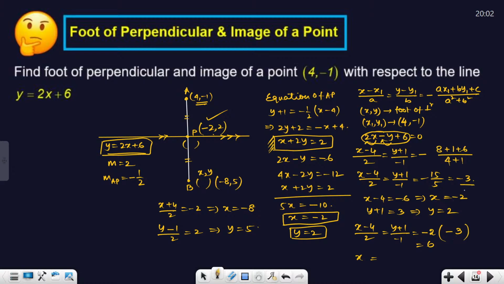Because minus 3 we are actually getting. So after getting minus 6, oh, it is plus 6. So x is coming to 12 plus 4. We are getting 16. But here we got minus 8. How is it so? Have we done something wrong here? Please check it. Can you please comment where I've done any mistake?